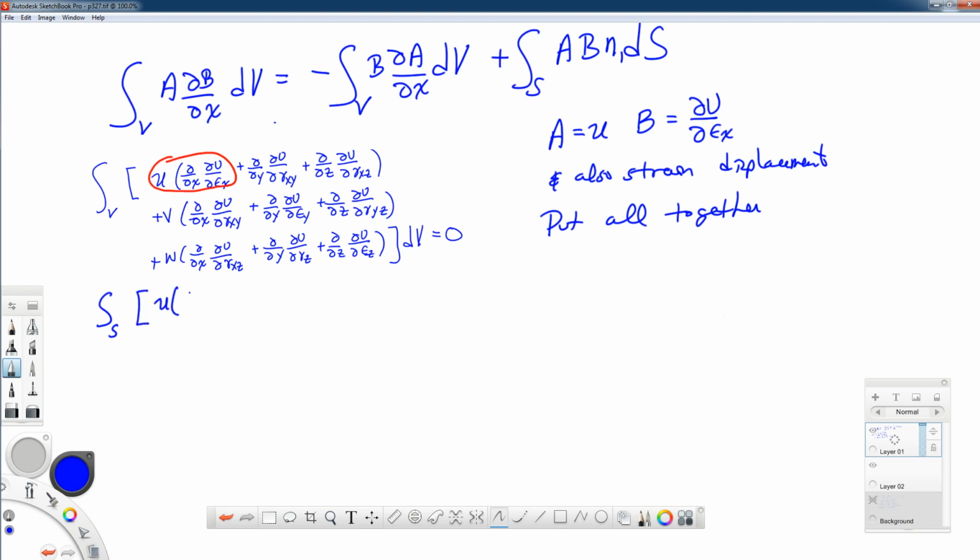We have surface integral terms that look like this. The N1, the N2, and the N3 are the unit normal vector components. It's an XZ term there.